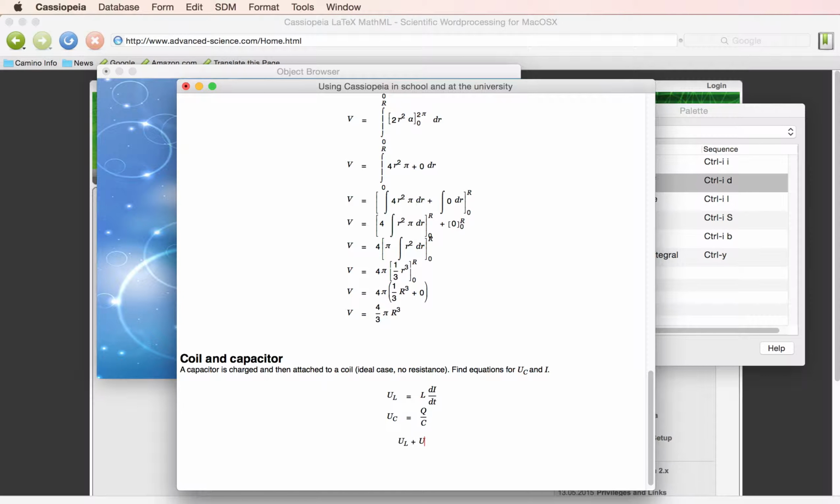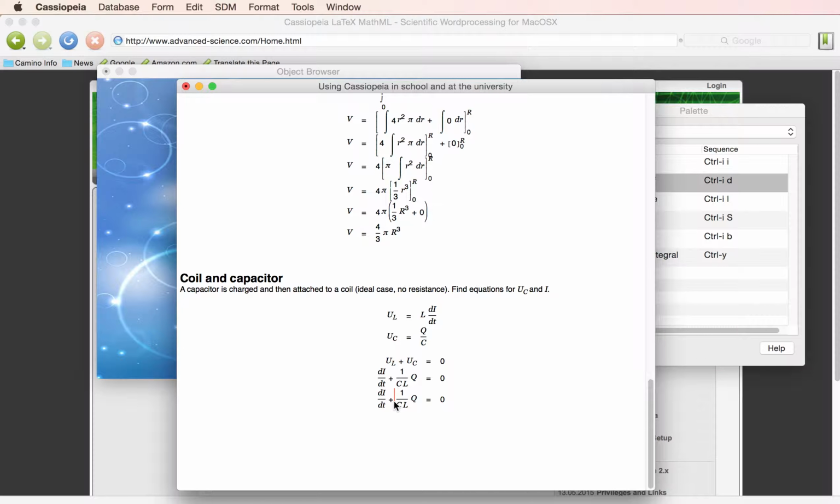Oh, sorry. And drag these in. Let's divide by L. And realize that di over dt is actually the second derivative of Q. Okay, let's make the following approach.